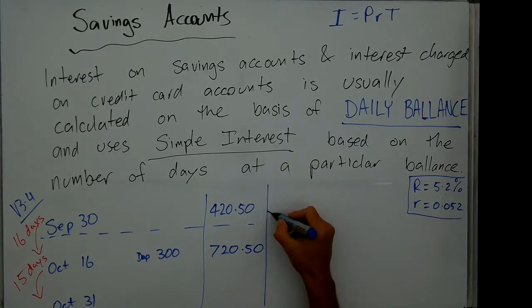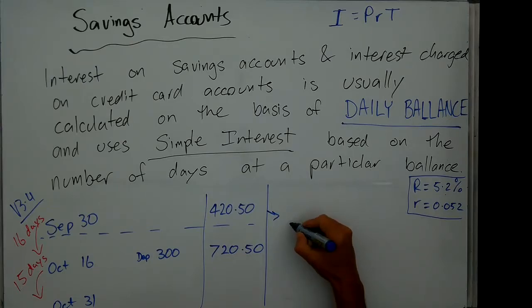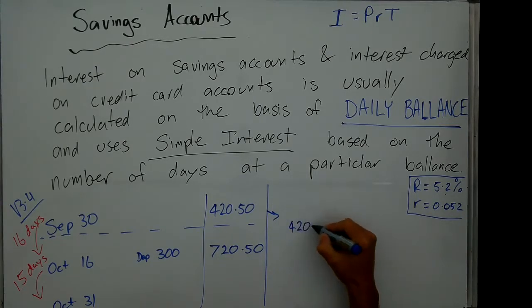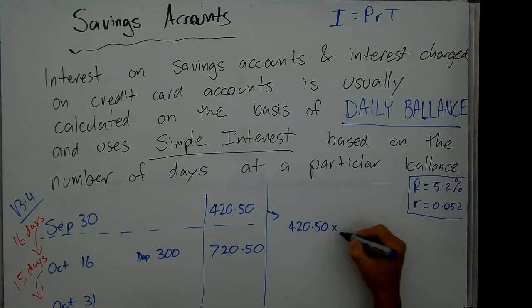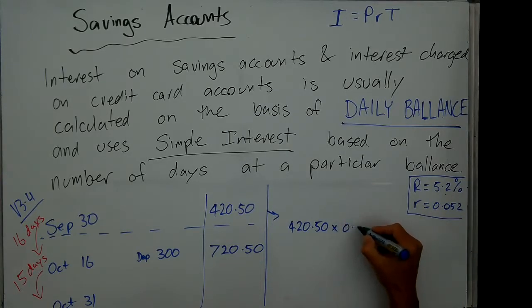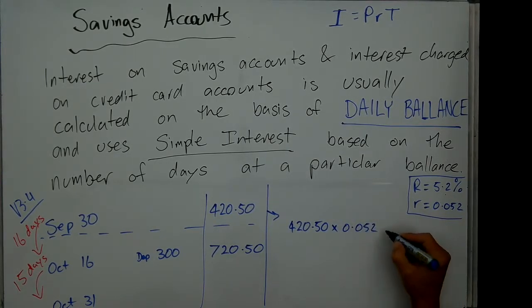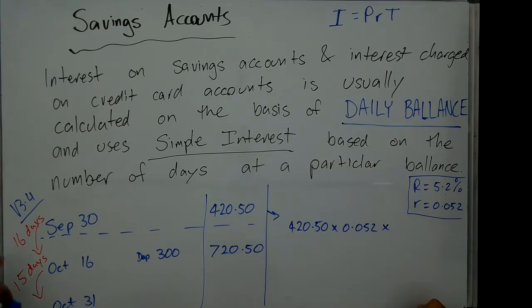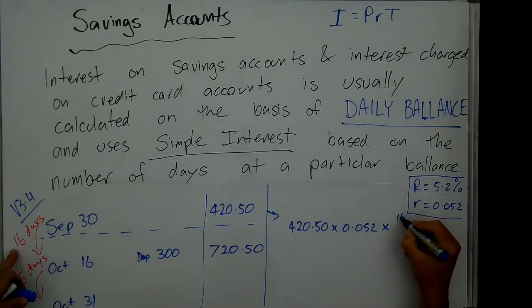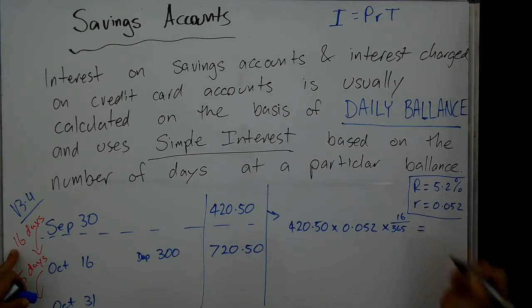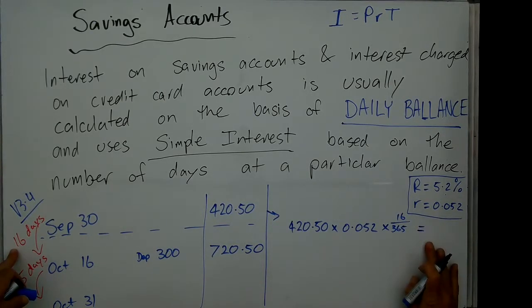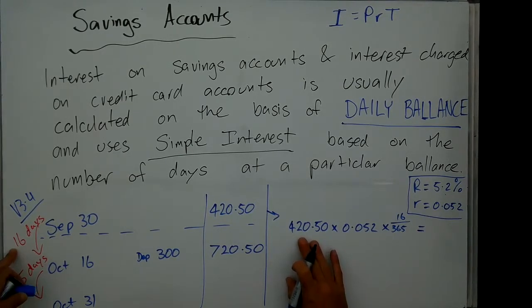For this first one, our principal is $420.50. Our rate is this, 0.052. And our time is 16 days out of 365. I'm not going to calculate this just yet. I'm going to write down the next one.